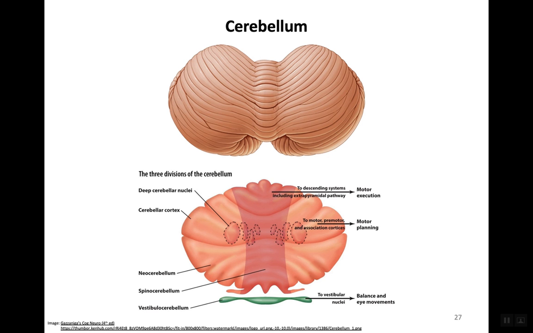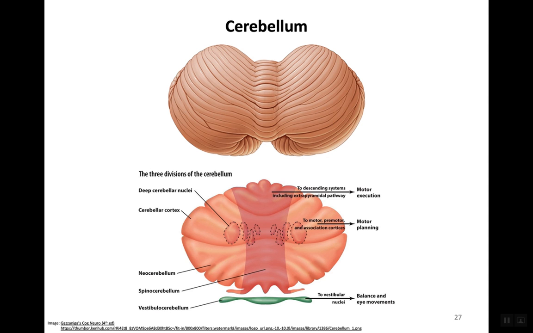A lot of the information that we currently possess about the cerebellum, though, comes through studies of disease. There are quite a few types of neurodegenerative diseases that impact the cerebellum. The cerebellum can also be damaged through stroke or through trauma.